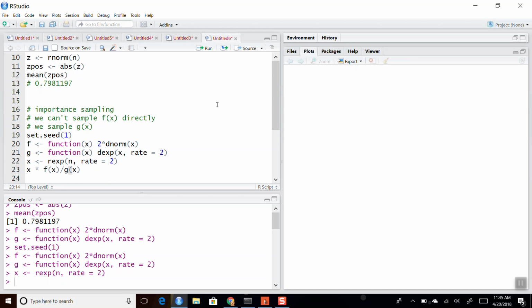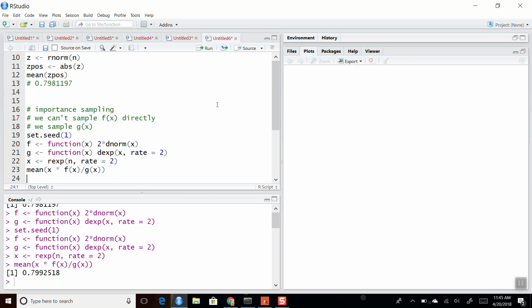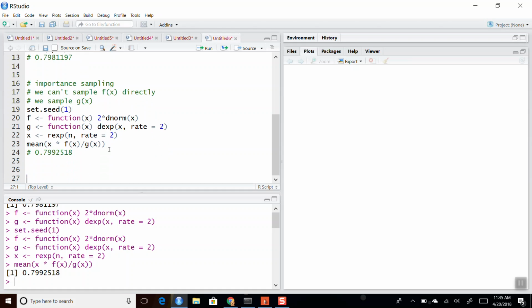Then I'm just going to take the mean of them, and we get something pretty close. It's not that impressive, but that's what we have here.